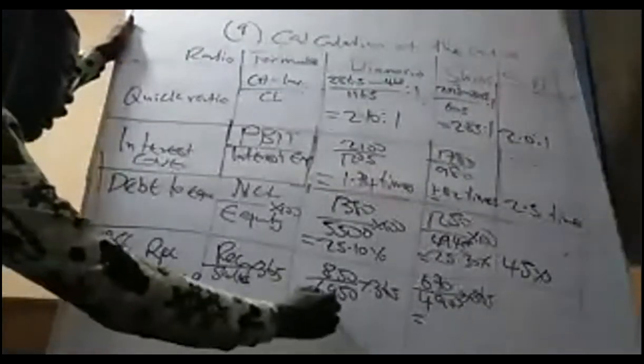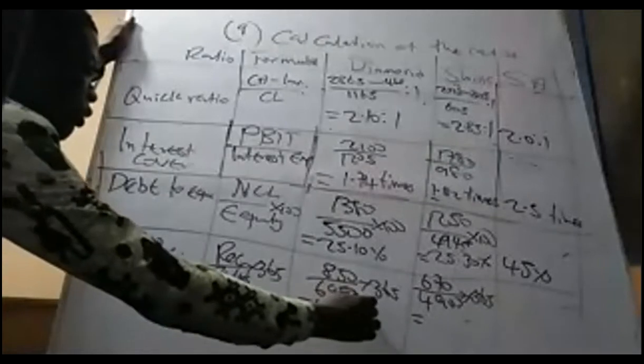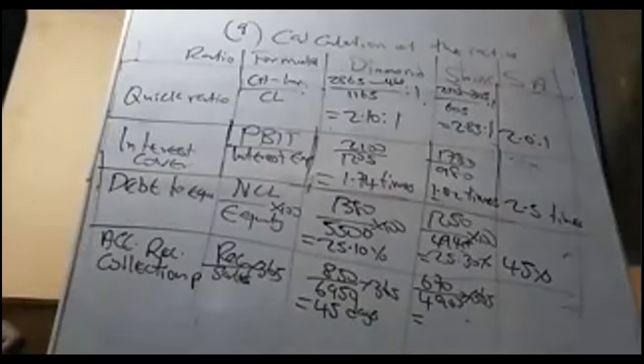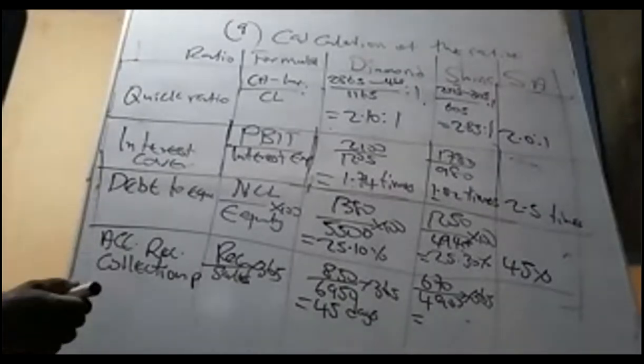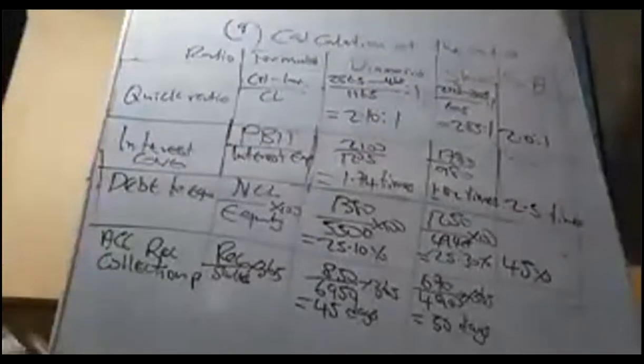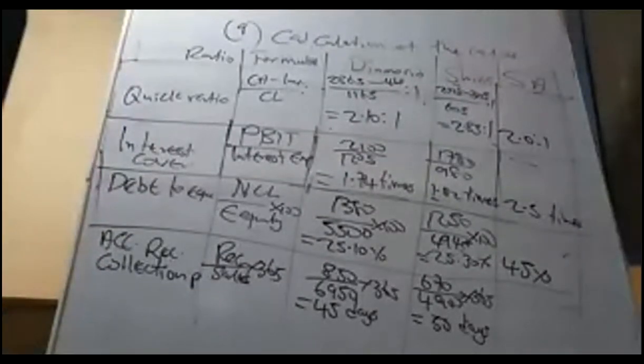Perfect. So 45 days and 50 days. Yeah, there are no two decimal places. Take note. There are no two decimal places.